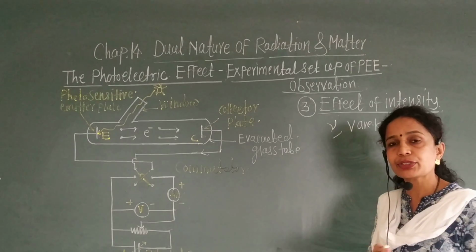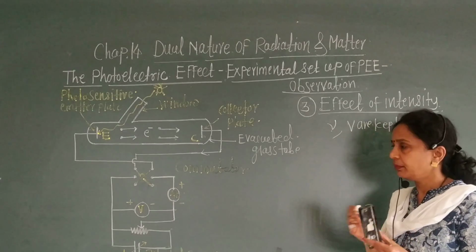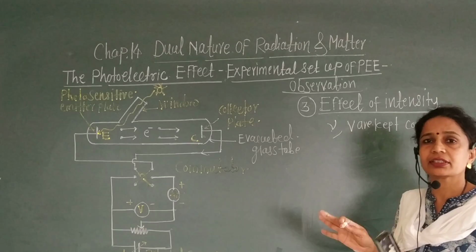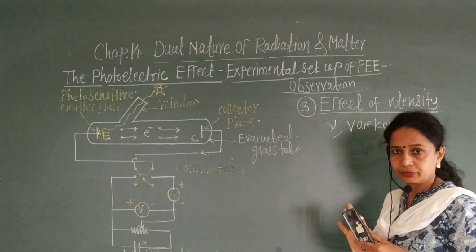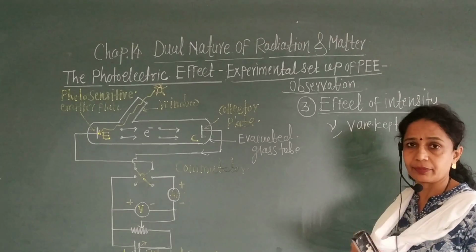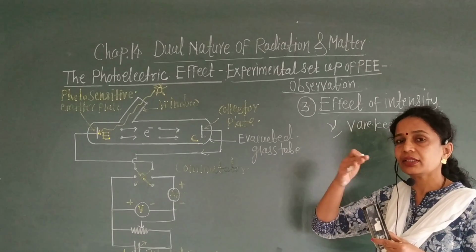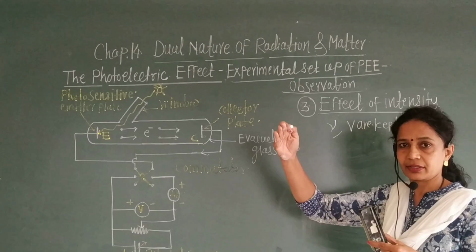Nu means frequency of radiation and V means potential, collector potential is kept constant. It is fixed potential. Then intensity of incident radiation is increased.